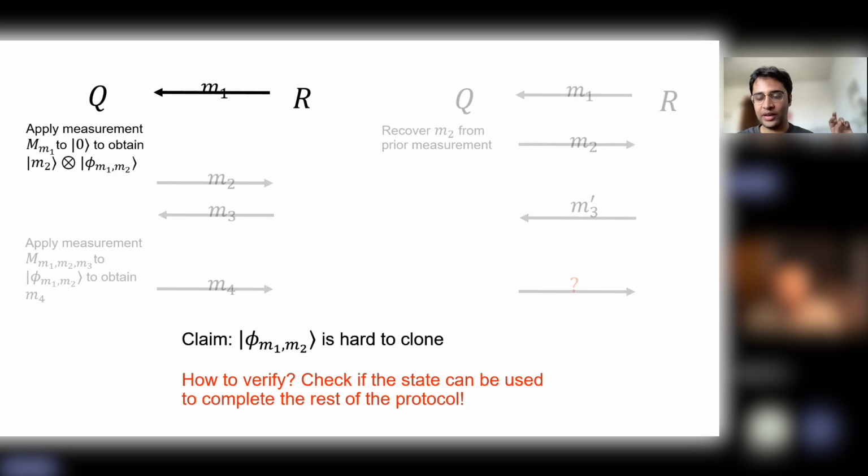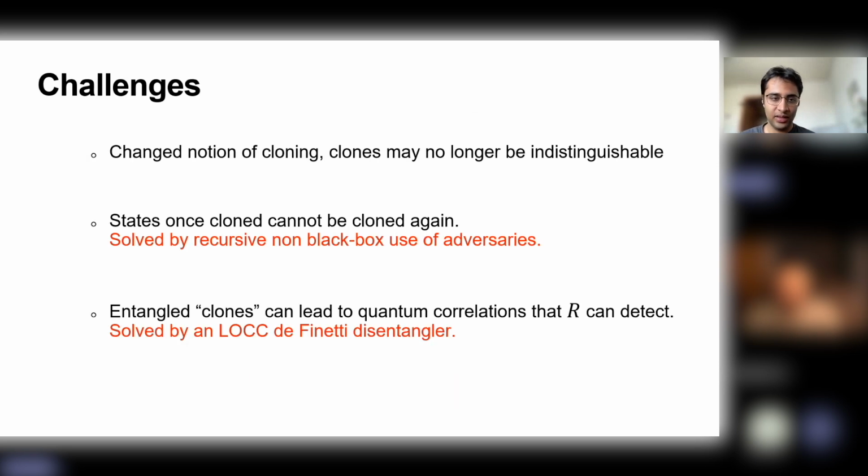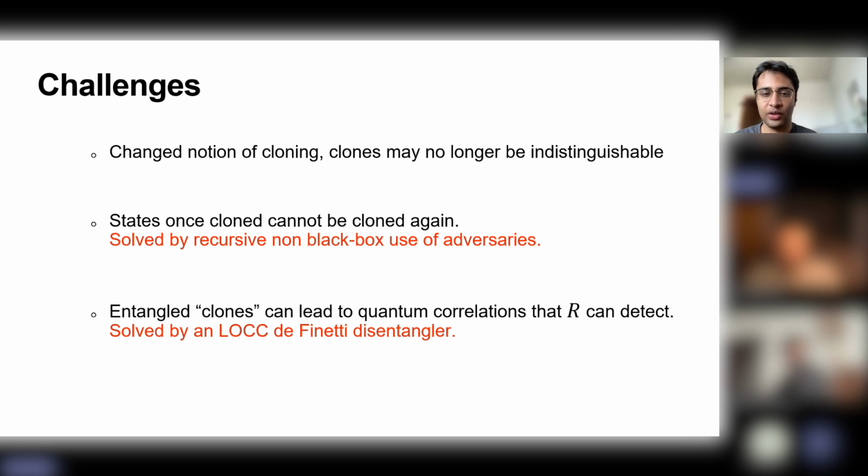You can use this verification procedure and you start getting some things, but you face some fairly steep challenges. First of all, your notion of cloning is different. So clones may not be indistinguishable. Now recall that your reduction is not going to be a verifier that looks at just one state.